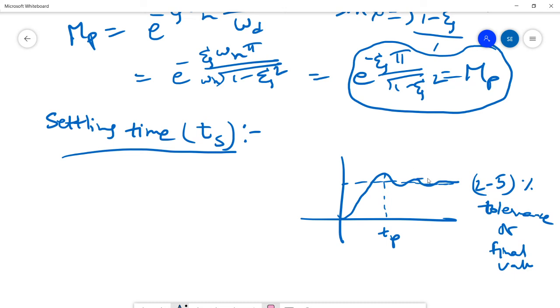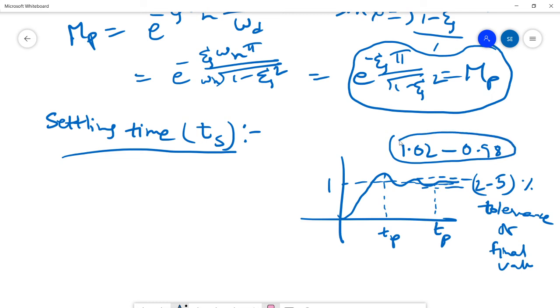So when you take the tolerance band of 5%, once the plot overshoots and settles, suppose this is 1. If you are taking 2%, it should be 1.02 to 0.98, so this output should be within this band. If it is 5%, 1.05 to 0.95.